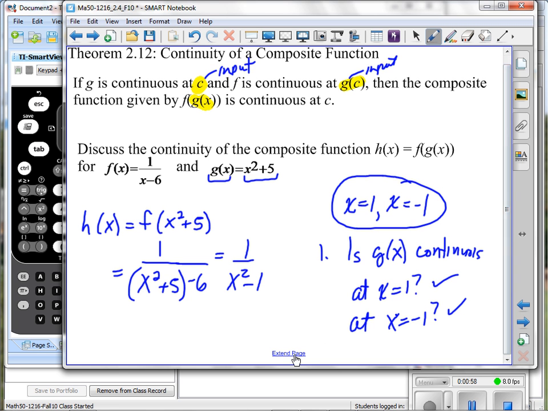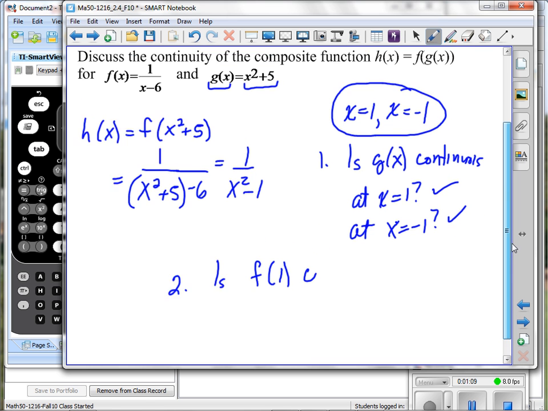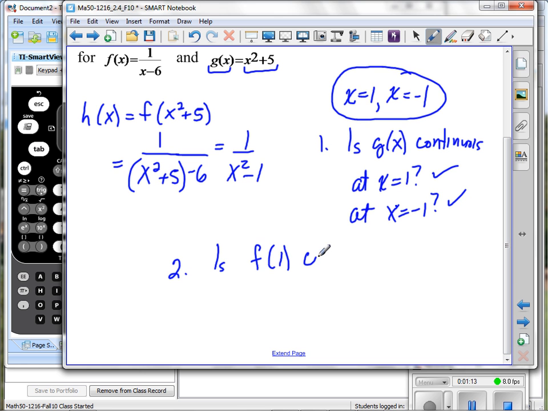Now it says, and function f is continuous at g of c. Now that's going to be a little different here. So let's put number 2 here. Now let's put it this way.